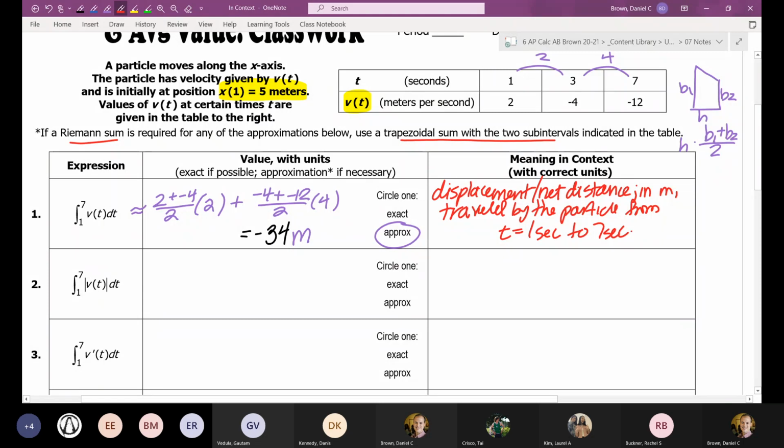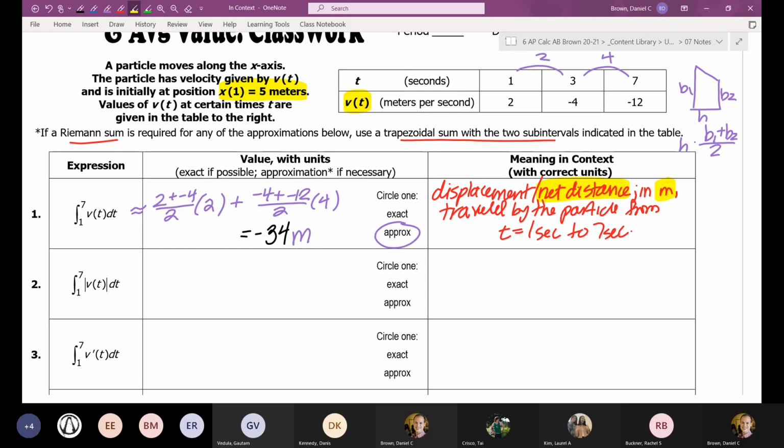Key words you would want to make sure your justification has. I did see from the quizzes I have graded, again, I haven't finished, but I did see some weaker justifications. You would have to mention displacement or net distance. I would tend to call that net distance, but displacement is not wrong. You would have to make sure you're clear about what that would be measured in. It was measured in meters. And then you want to be clear that this is the displacement with a clear starting point and a clear ending point.